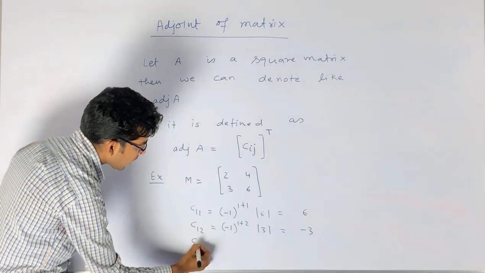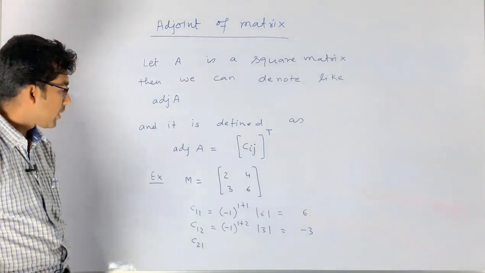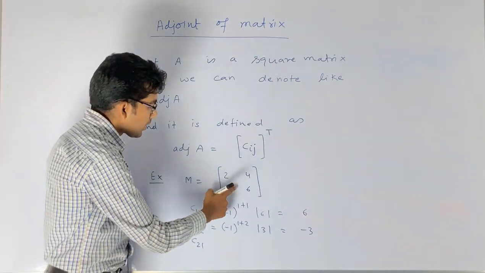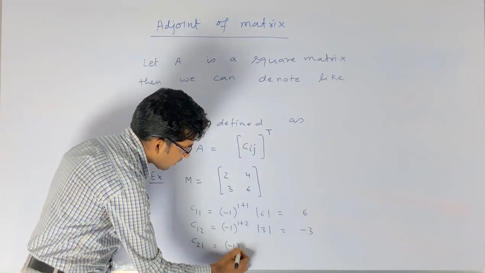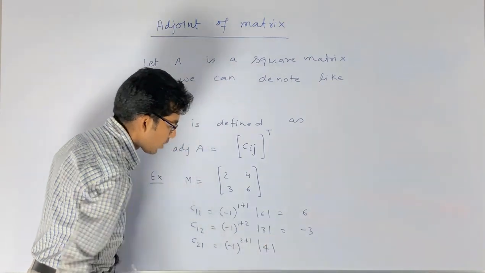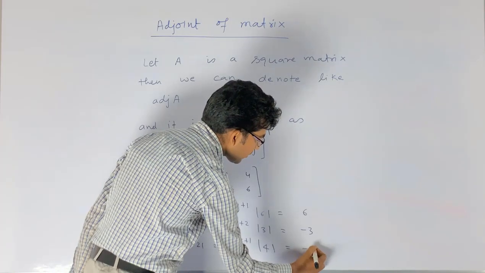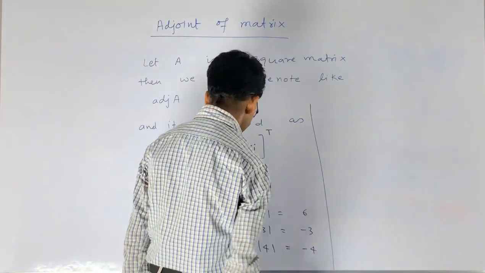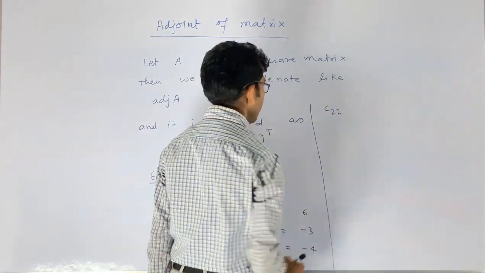Similarly, we can calculate C21. For C21, we delete second row and first column. So, minus 1 to the power 2 plus 1, and we remain with 4. So, this is equal to minus 4. Further, we have to find C22.